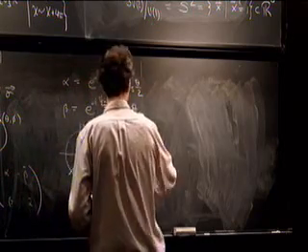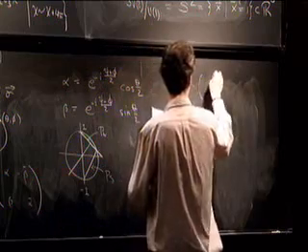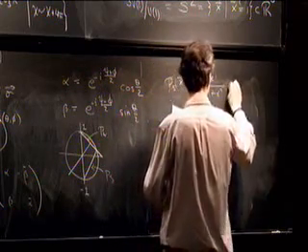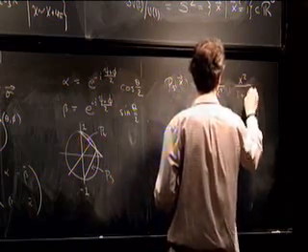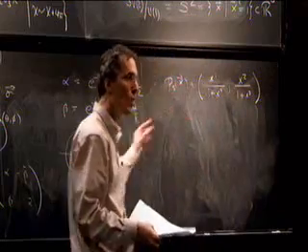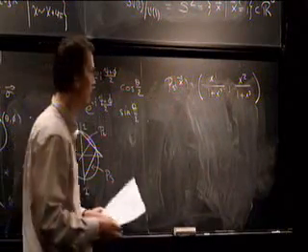In formulas, P south of x is x1 over 1 plus x3, x2 over 1 plus x3. So you see, if x3 goes to minus 1, which is the South Pole, then your point goes off to infinity.